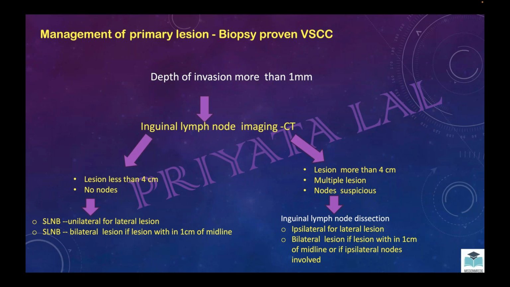For any lesion in the center, there is a cross-section of the lymphatic channels, so whatever lymph node treatment you do has to be on both sides. Lateral lesions are more than 1 centimeter from the midline, and for them only that side's lymph node treatment is required.